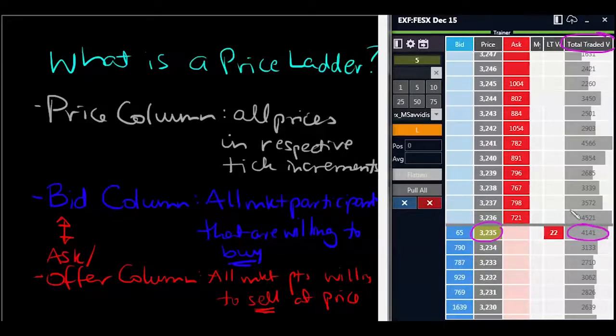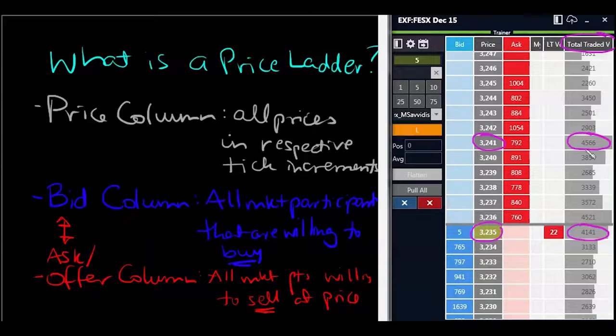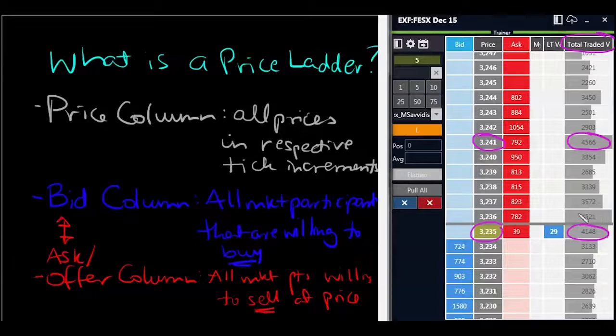So if we look at some of the other traded prices, for example, another high volume node, another highly traded price, if we look up at 32.41, we've seen 4,566 contracts traded. Likewise, at another pretty high volume traded price, the 32.36, 4,521 traded contracts there.